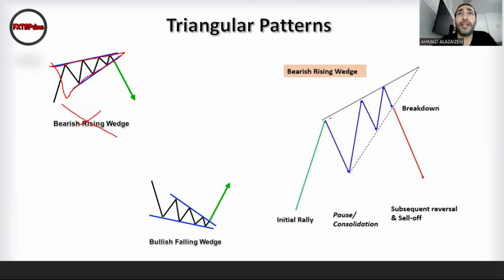Normally, if I take this bearish pattern, the price goes up, it's overbought, starts to face resistance, comes down to support, then comes up, failing to make a higher resistance.